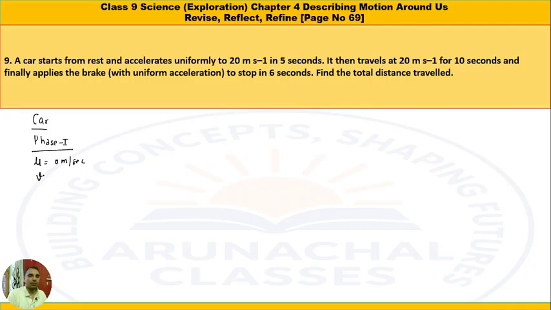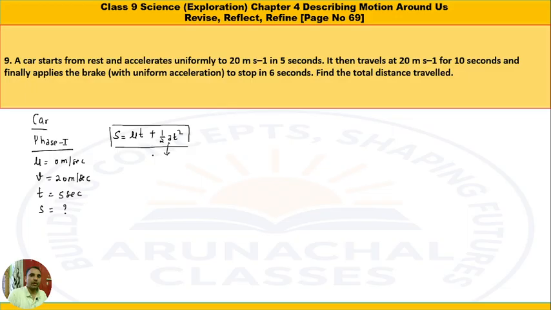So it will be your final velocity, that is 20 meter per second, and it happens in a time of 5 seconds. Here we need to find the distance. We can find the distance with the equation of motion. I am writing the second equation of motion, that is s equals ut plus half at square. This is your second equation of motion.